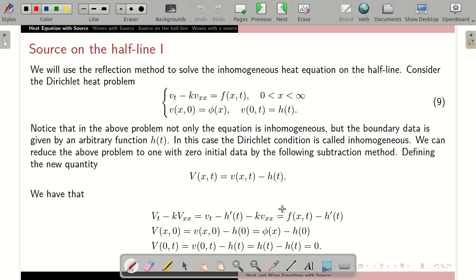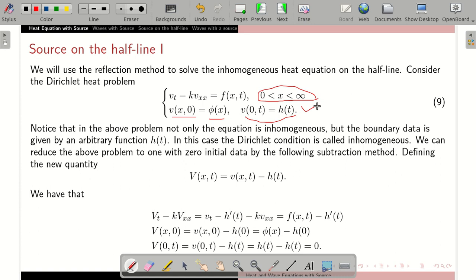So now I extend my solution for half line as we did many times by using reflection method. So I have a solution formula for whole line minus infinity to plus infinity, and with condition when t equal to 0 you have solution phi of x. Also you have a condition when x equal to 0 you have condition h of t.